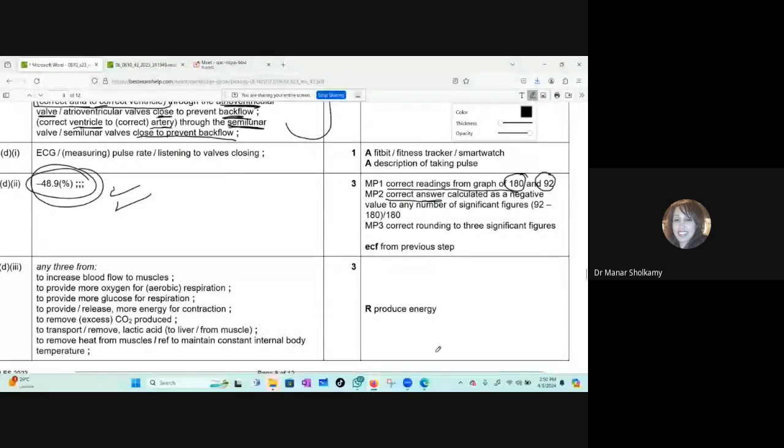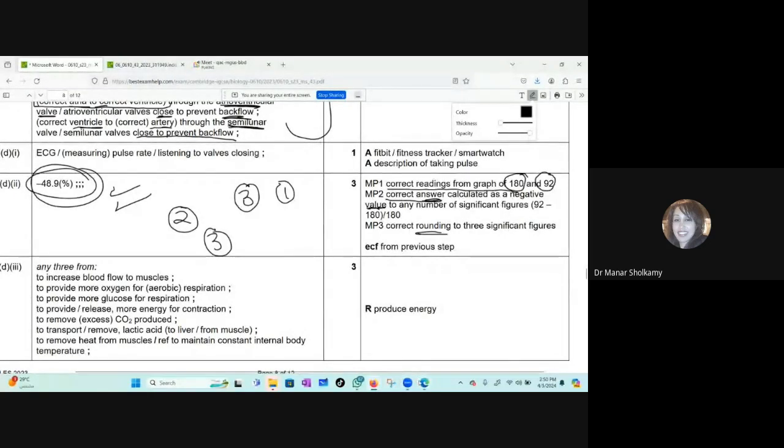Marking point 2 for the correct answer calculated as a negative value to any number of significant figures. Marking point 3, correct rounding to 3 significant figures. So it is out of 3 marks: the first mark for the correct numbers from the graph, the second for the correct calculation, and the third for the correct answer and rounding.